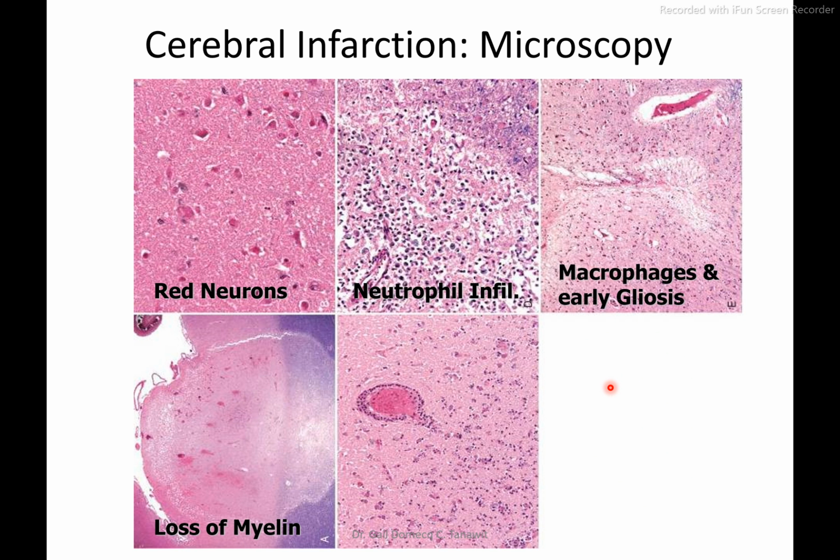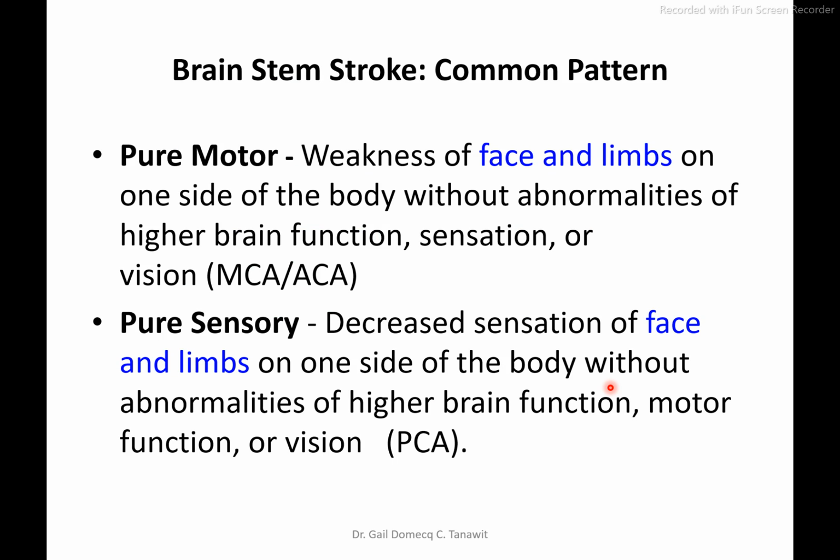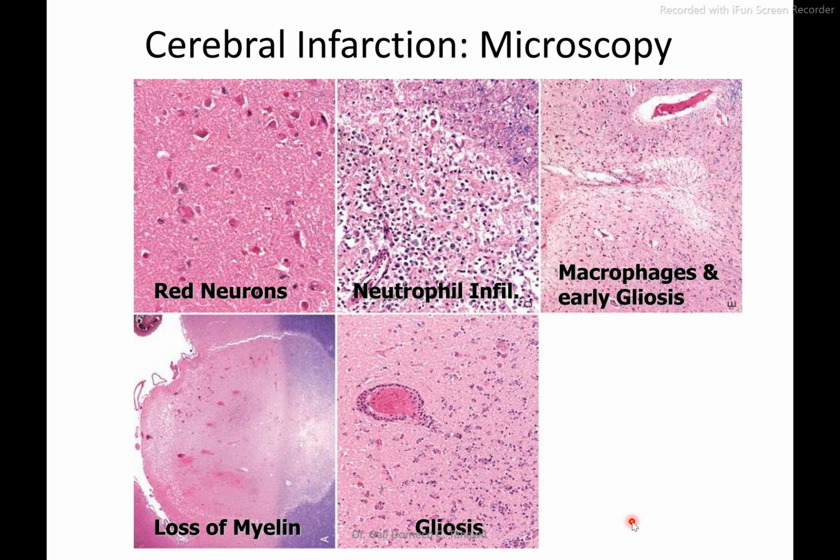Okay, so that's it for your CNS pathology. So just to re-emphasize, these are the changes during cerebral infarct. These are the red neurons, the neutrophilic infiltration, mga 1 to 3 days.